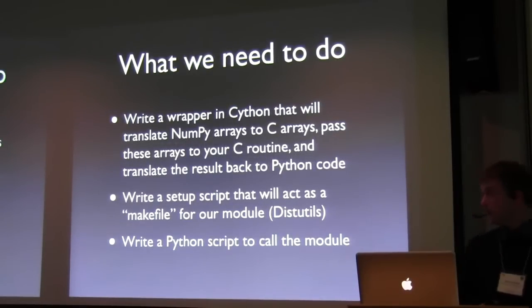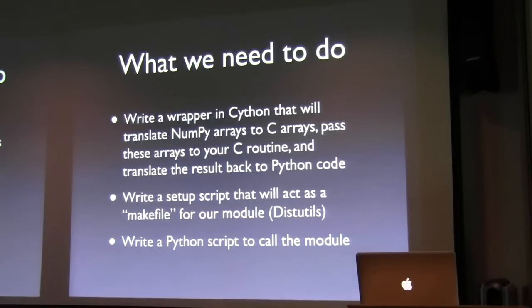So what you need to do is write a wrapper in Cython that will translate the NumPy arrays, the multidimensional arrays, to C arrays. You can pass those arrays to a C routine if you want to call one, and then the Cython code translates the result back to Python code and hands it back to Python. You have to set up a script that will act as sort of a make file for the module.